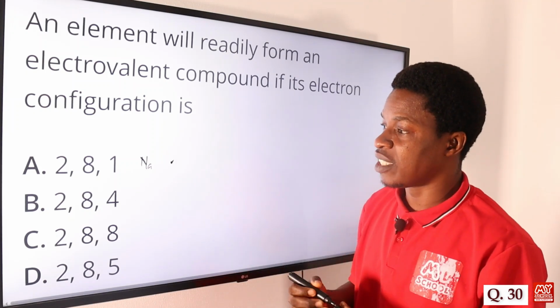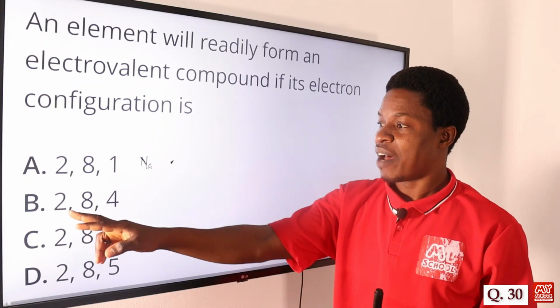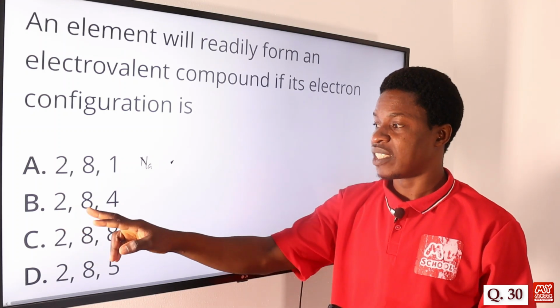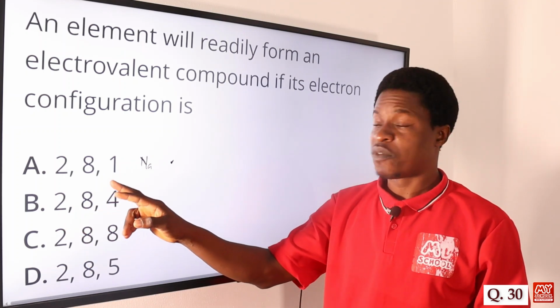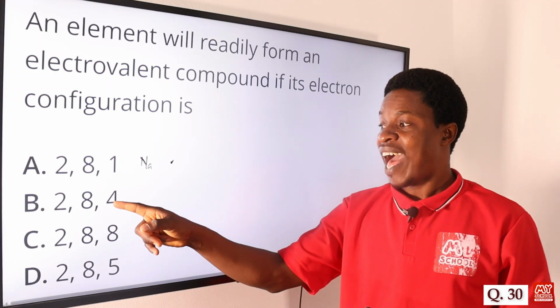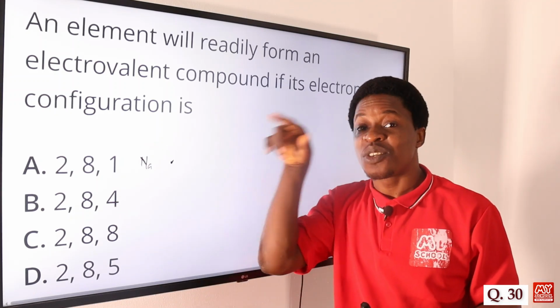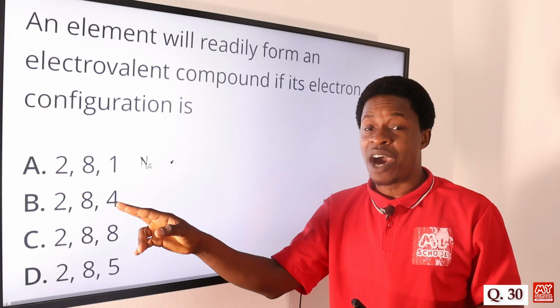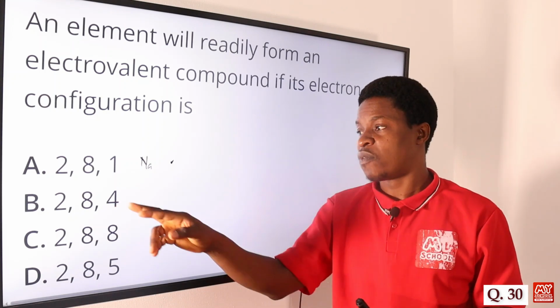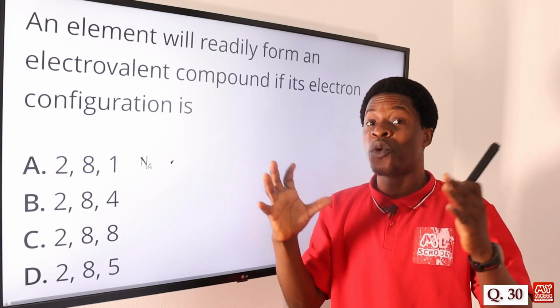Let's look at option B. We have 2, 8, 4. We have 2 in the first shell, 8 in the second shell, completely filled, and 4 in the third shell. So this one now has 4 valence electrons outside. Which means that it can give out 4, but it is very difficult to give out 4, because 4 is a whole lot.